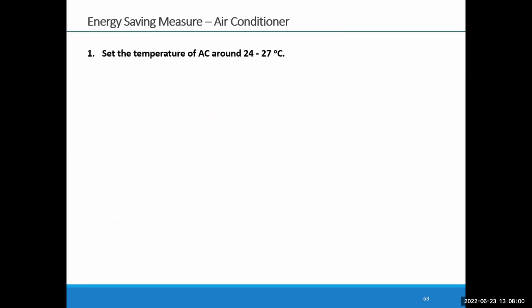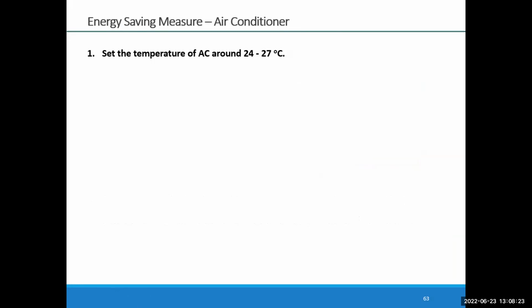So the first one is an energy conservation opportunity. Normally for any household air conditioning unit, the set point can go as low as 18 degrees and as high as 32 degrees. This is the operating range of a household air conditioning unit.